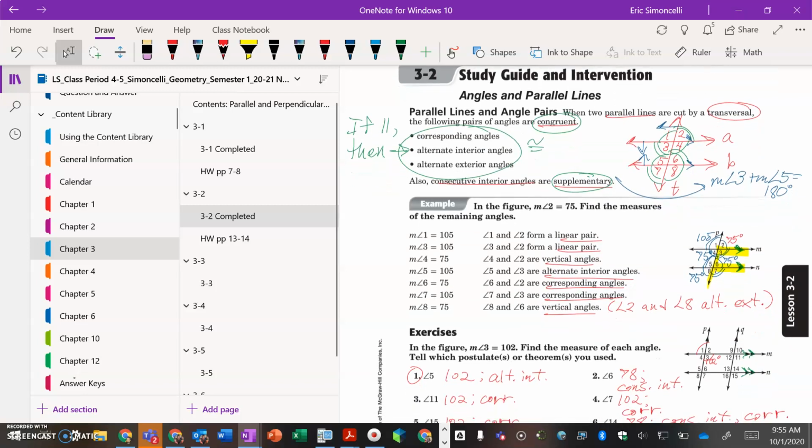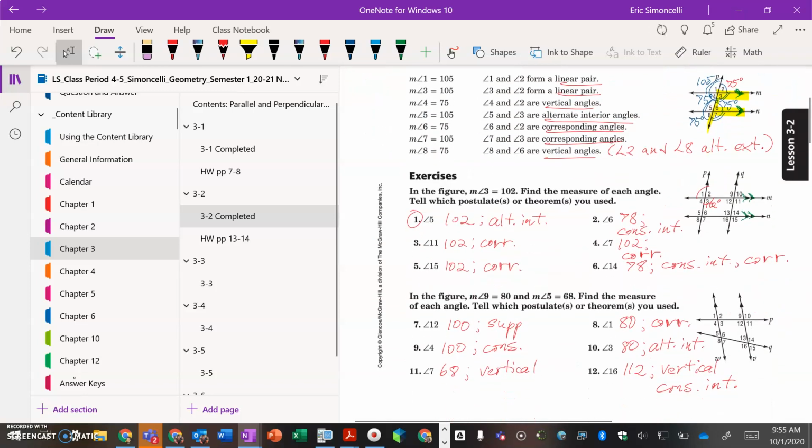So if lines are parallel, then corresponding angles are congruent. So I actually just used quite conveniently an if-then statement to help understand why things are framed in this manner. So on number 1, angle 5 is 102. Angle 1 is 102 because they're vertical.